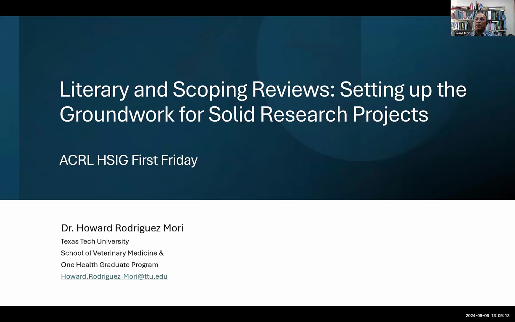One of the things, really the frame and the background, the context for me putting this together, is actually the second part of this. How do we help our students, faculty, researchers, the people that we serve? How do we actually help them get a good groundwork to get a solid research project or a robust research project?